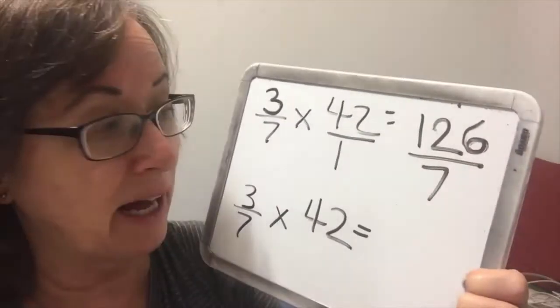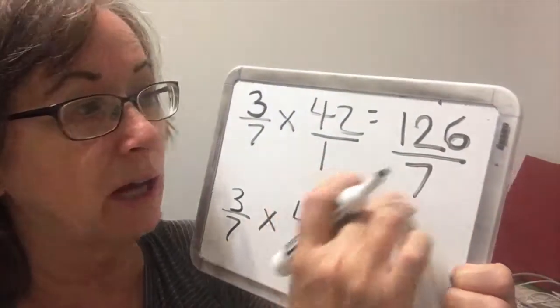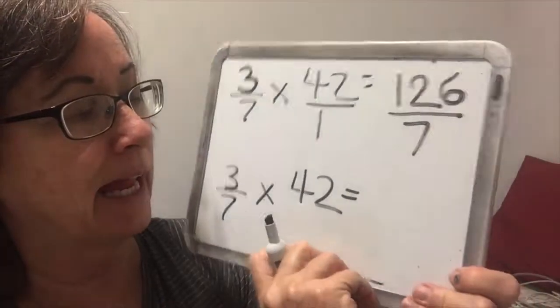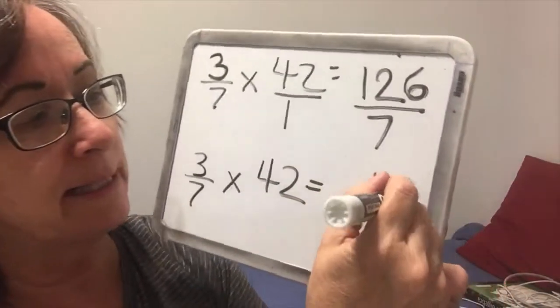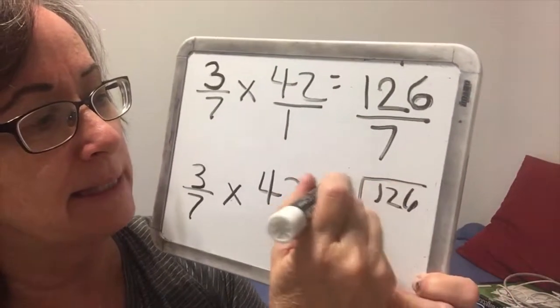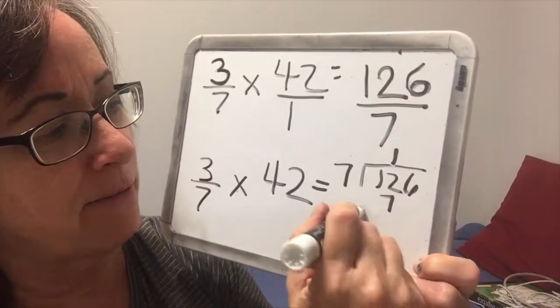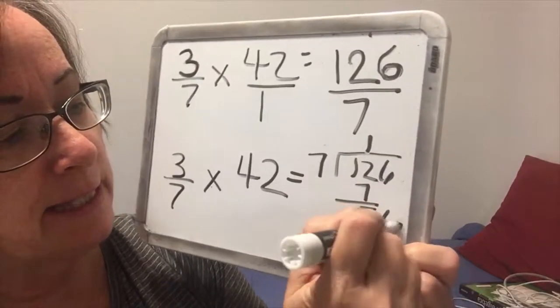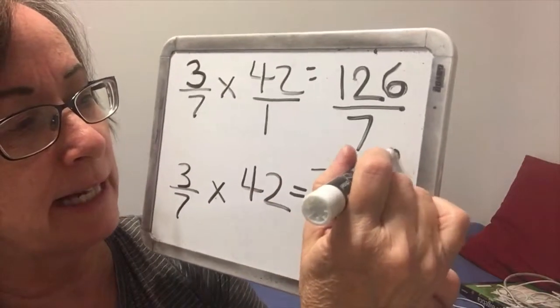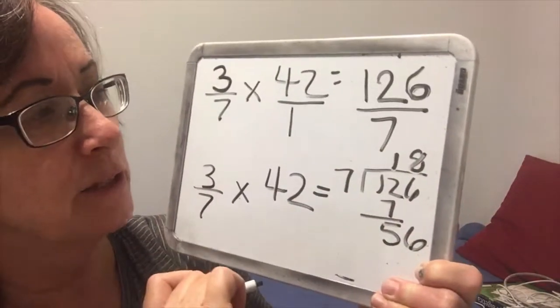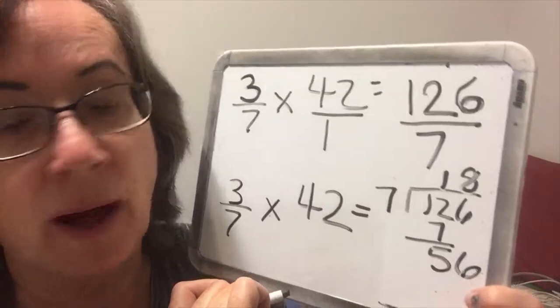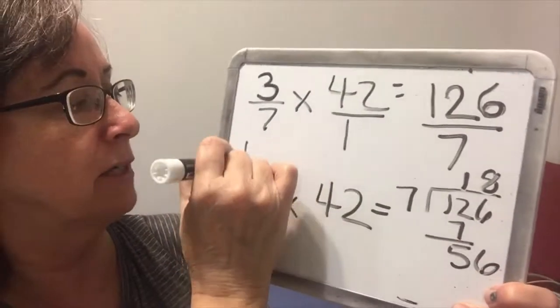Now I've got to divide. So I'm going to have to do long division and say 126 divided by 7. 7 goes into 12 one time with a 7 and a 56. And 7 into 56 is 8. So my answer is 18. Wow, that was a lot of work.